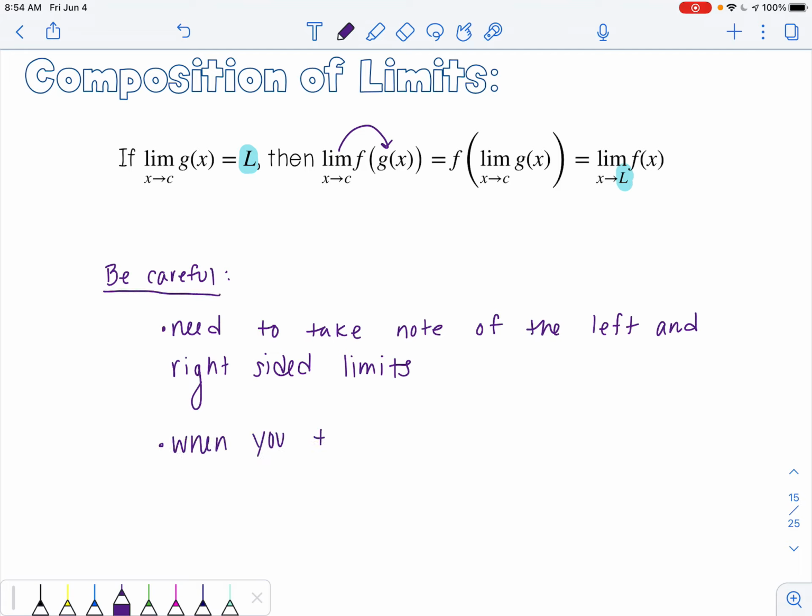And another thing that you want to be careful of and watch out for is when you take the limit of the inside function, you want to notice whether or not it approaches that value from above or below.